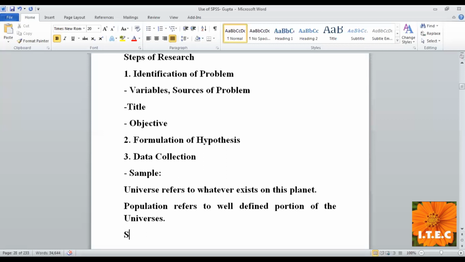And then you have another one, sample. All of you know the general meaning of the word sample. You do use it in your daily life. Okay, please take this sample and show it to your family members. So what is sample? Sample refers to the small representative portion of the population.